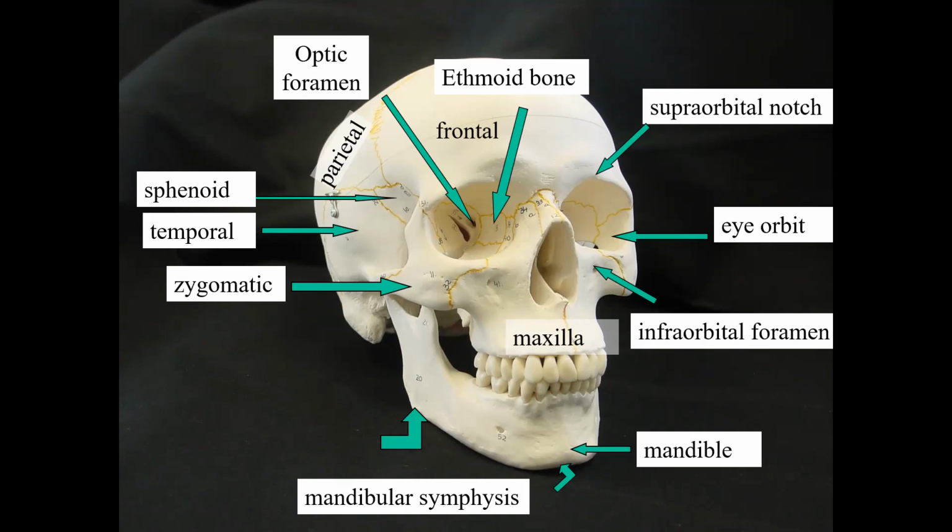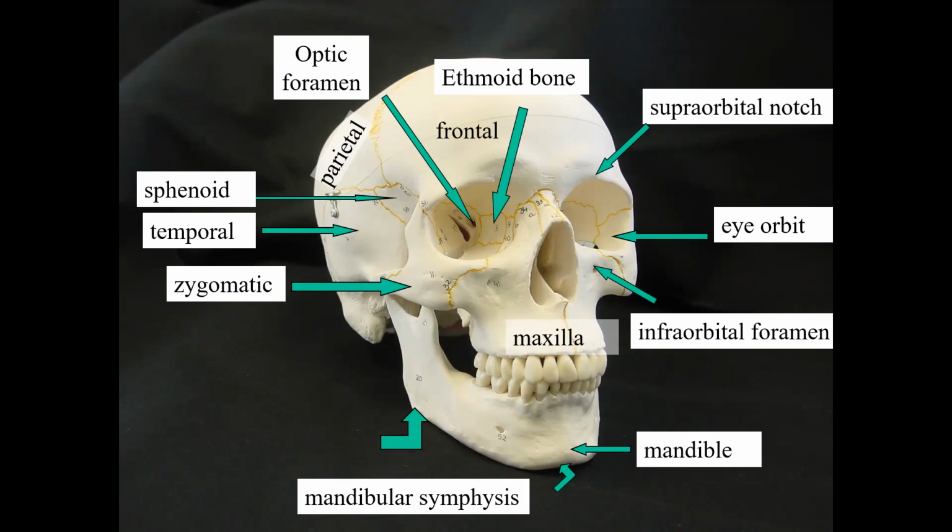Anyway, back to the mandibular symphysis. When we look in utero, we can see that our lower jaw was formed from 2 mandible structures that grew together into one. And the junction is called the mandibular symphysis. The symphysis is where 2 bones come together. Well, there's no gap in the middle.